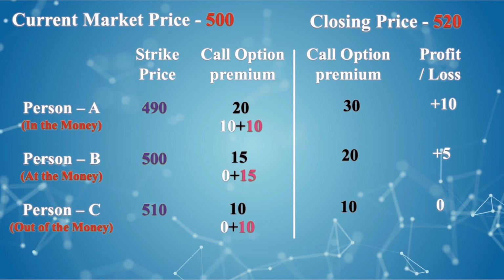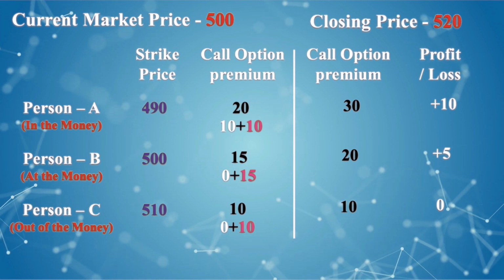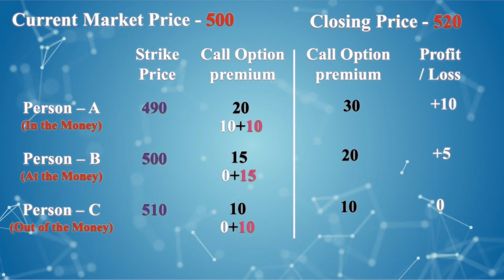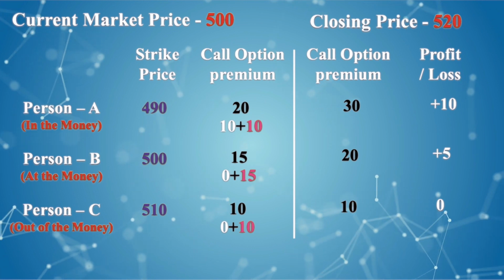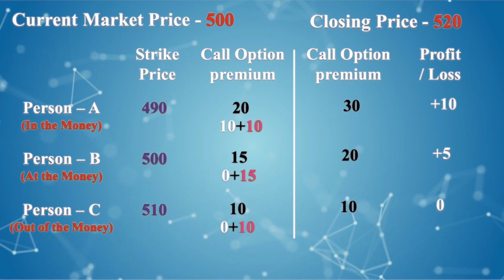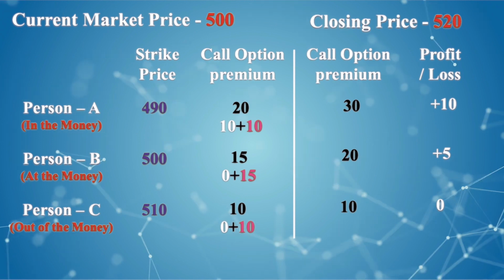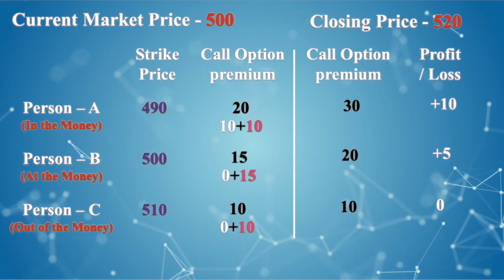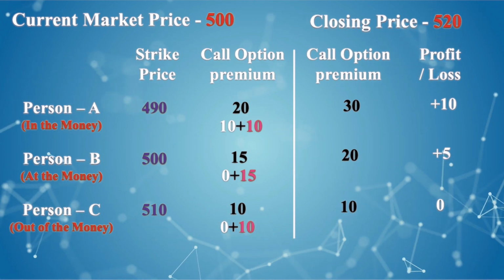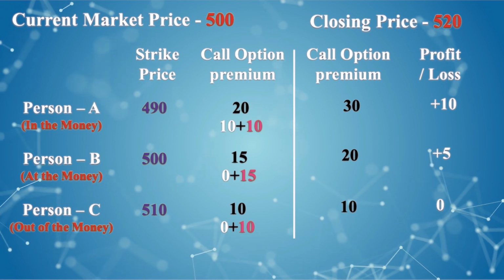Here we observed that market moves 20 points upside, but still person C doesn't get any profit because person C pays 10 rupees of premium at 510 rupees strike price.